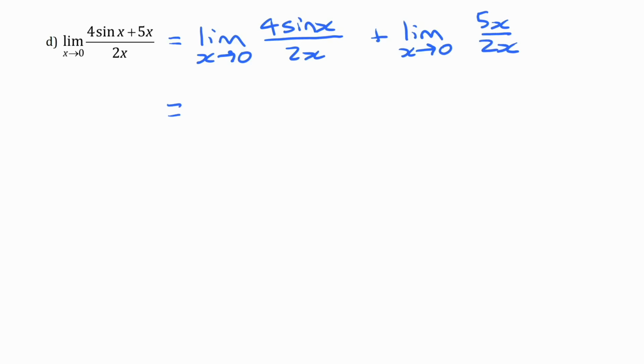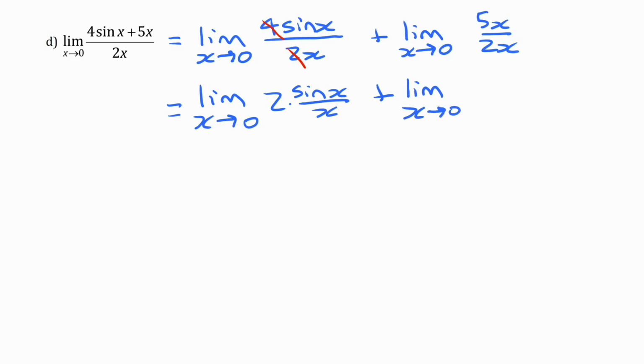And now that I've split that single fraction into two limits, I can work on each one separately. So the first one, I can cancel the 4 and the 2 and just make it 2 sine x over x. And then the second one, limit as x approaches 0, I can cancel those two x's and just make it 5 over 2. And then as I move on here, this first limit, this 2, we can pull outside because it's a constant.